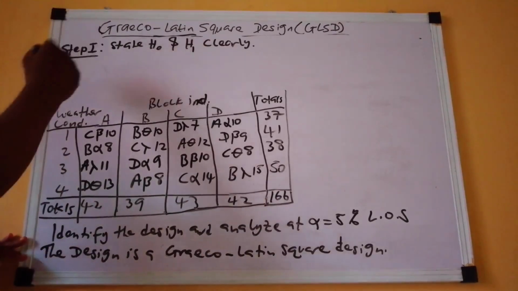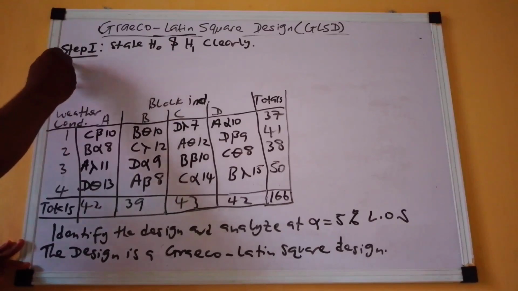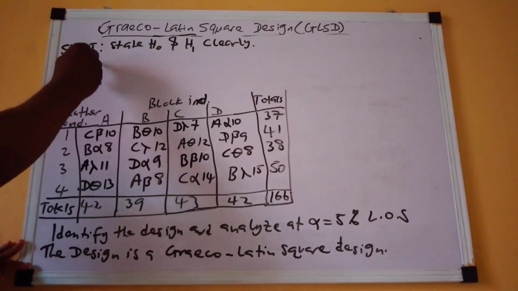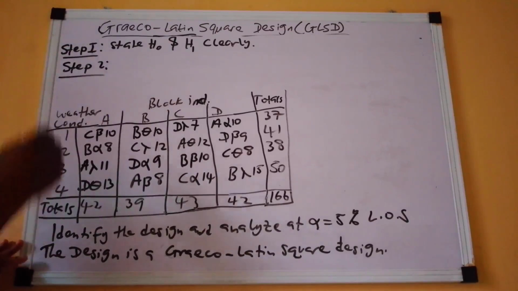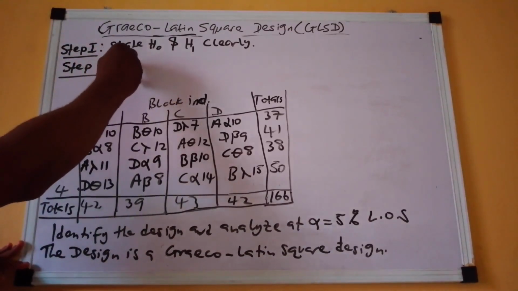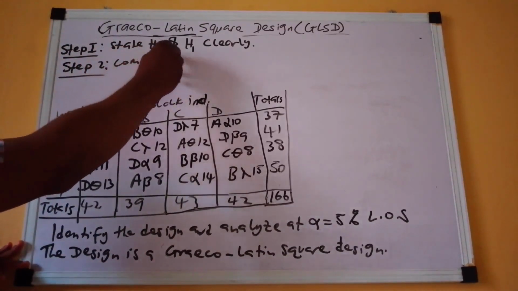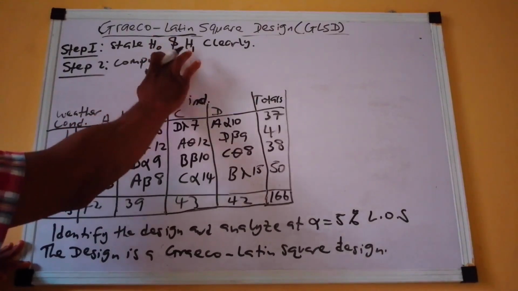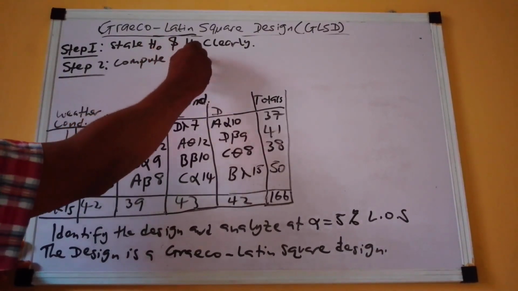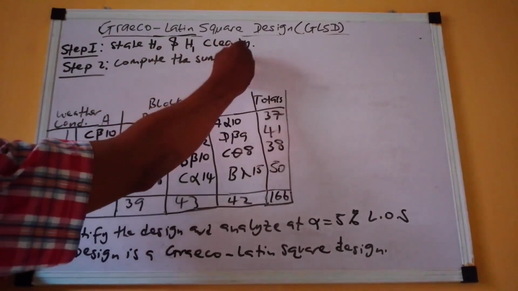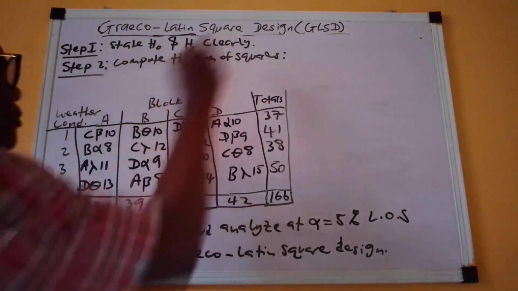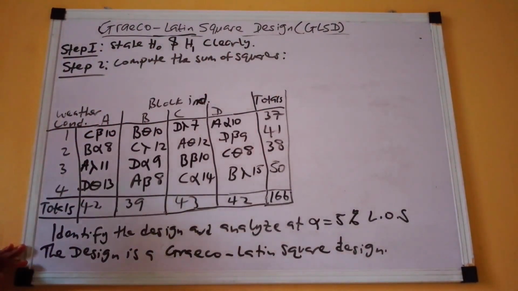So now step 2, compute the sum of squares. So you must differentiate something.